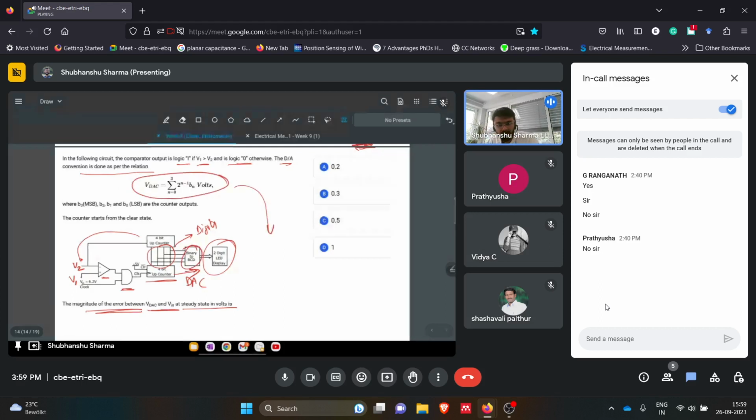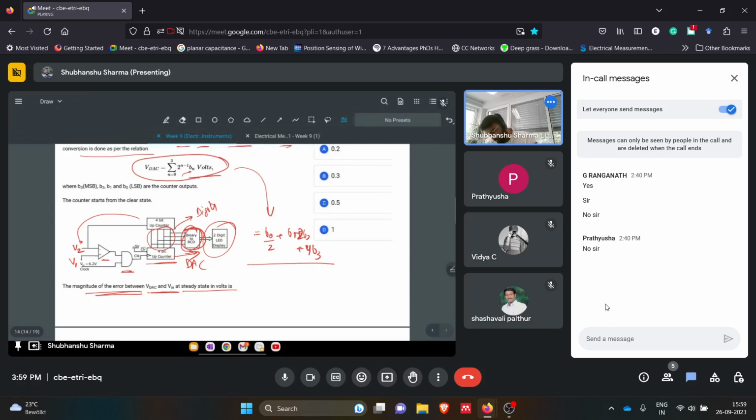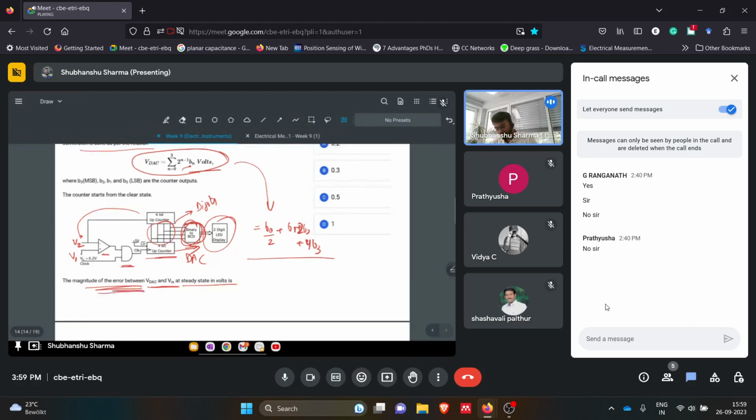There is some circuitry inside, which follows this equation: B0 by 2 plus B1 plus B2 into 2 plus 4 B3. So the output is decided by this equation for VDAC. Now they are asking what will be the magnitude of error between VDAC and Vin in steady state, in volts.